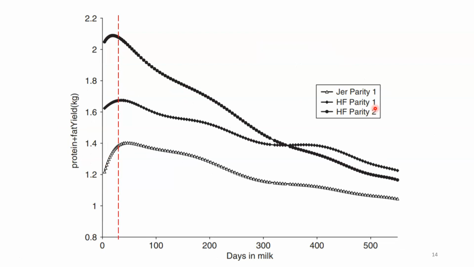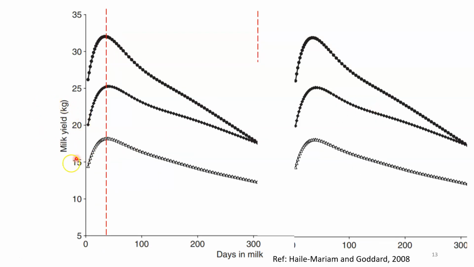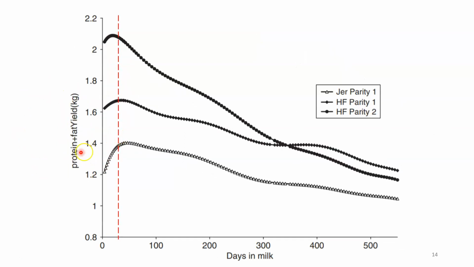Okay. So remember we were looking at total milk yield here, the daily milk yield. And if you look at the protein plus fat yield, in Sri Lanka we do look at the quality of milk, which is fat.